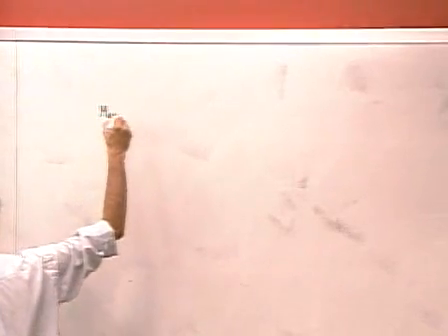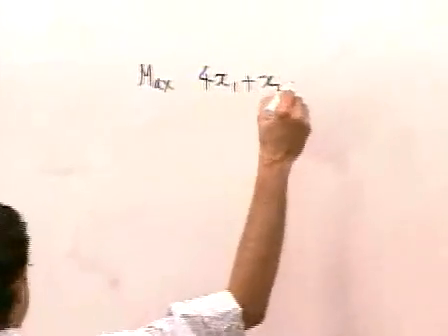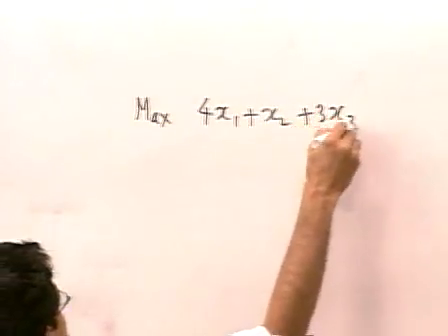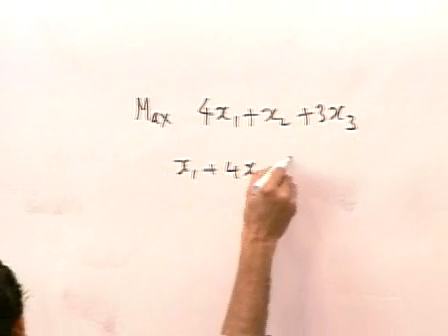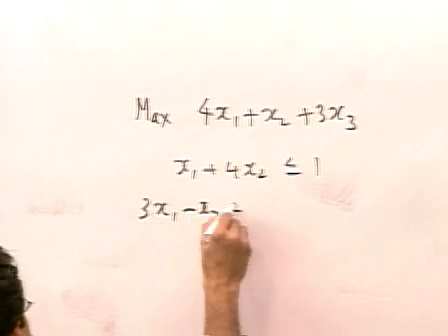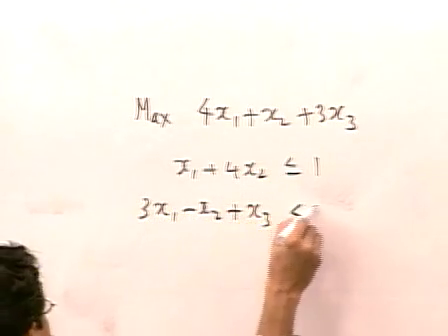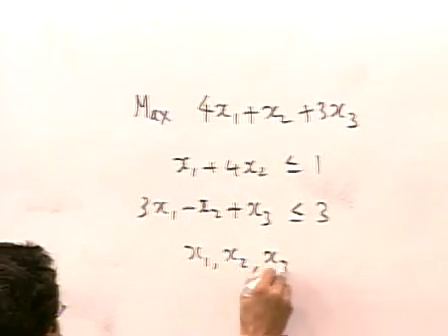Maximize 4x1 plus x2 plus 3x3, subject to x1 plus 4x2 at most 1, 3x1 minus x2 plus x3 at most 3, with x1, x2, x3 non-negative.